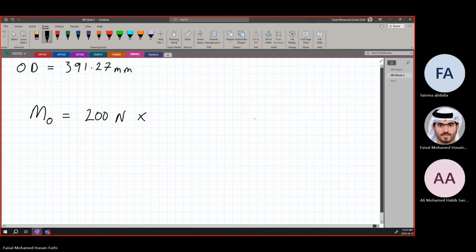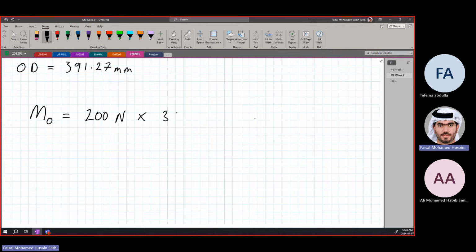Times the perpendicular distance, which is 391.27. But this is in millimeters, so we need to change that to meters first. This is equal to 0.391 meters.